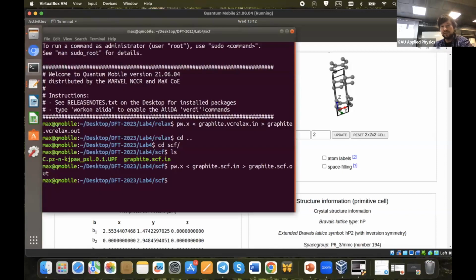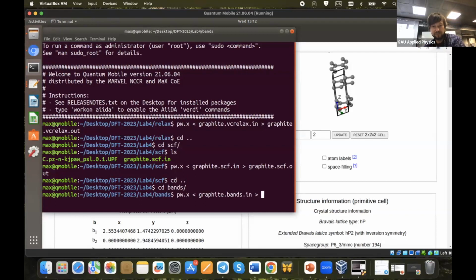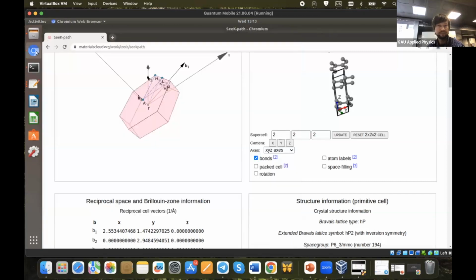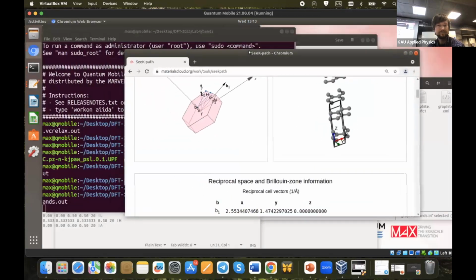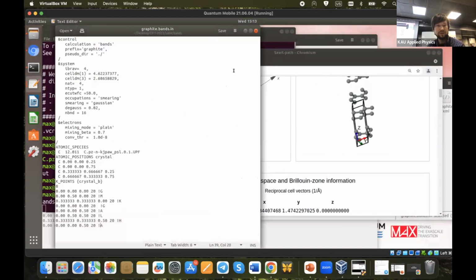And I can start it. bands.x, pw.x, graphite.bands.in, graphite.bands.out, and we should wait for a while.